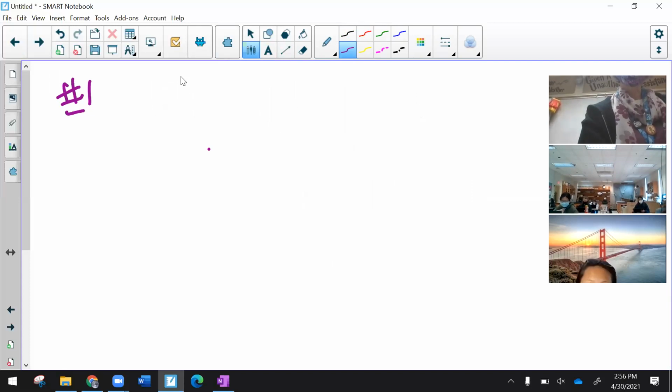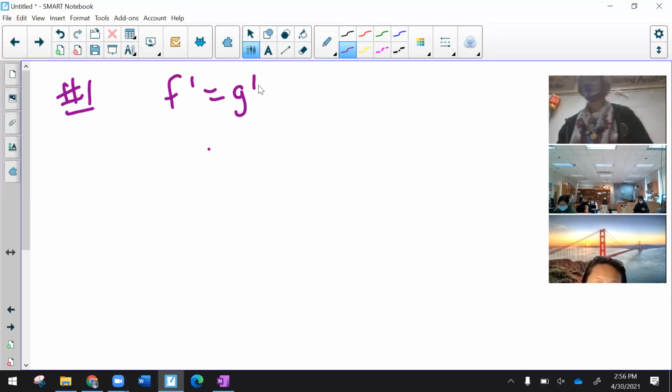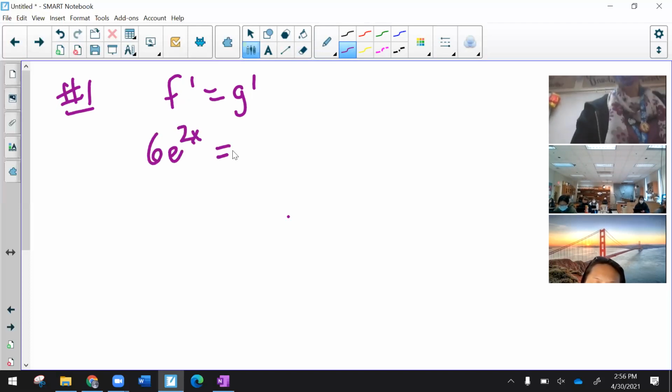Parallel tangent lines mean they have the same slope, which means that f prime of x is equal to g prime of x. The derivative of 3 e to the 2x is 6 e to the 2x, and the derivative of 6x cubed is 18x squared.